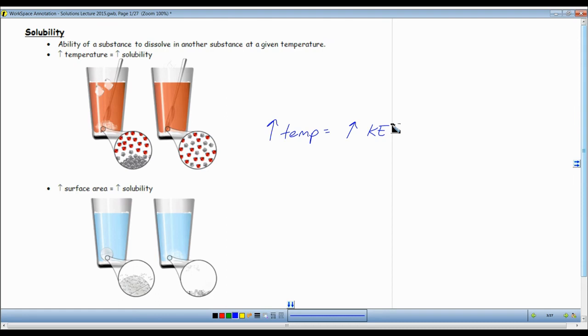It just makes it dissolve faster, so you can start the lab faster. By increasing the surface area, again, now there's more exposed area for the water or whatever the solvent is to interact with your solute. So we can always increase the temperature, increase the surface area, use a finer grade particle.